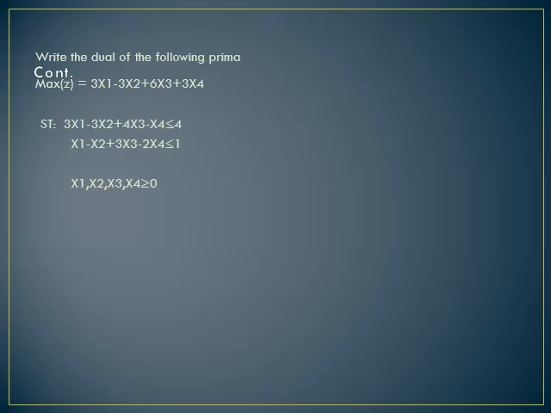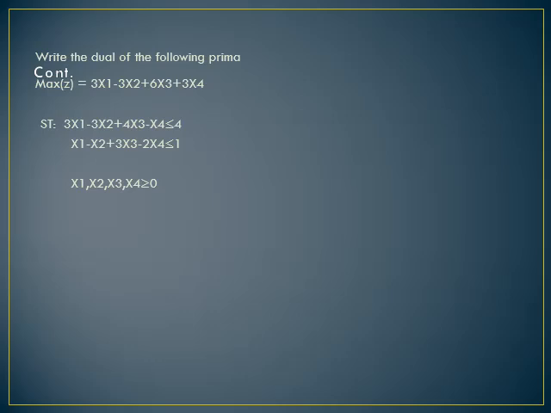As we mentioned before, we will get 4 variables because the primal has 4 constraints, subject to 3x1 - 3x2 + 4x3 - x4 ≤ 4, x1 - x2 + 3x3 - 2x4 ≤ 1.